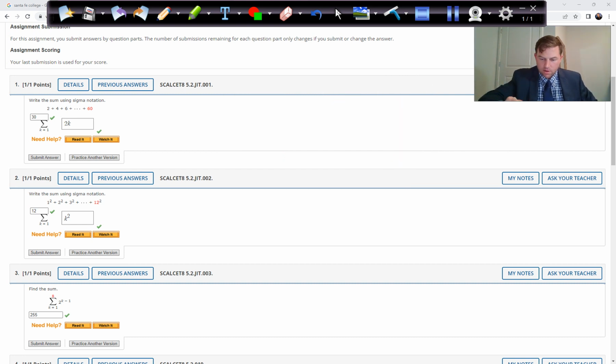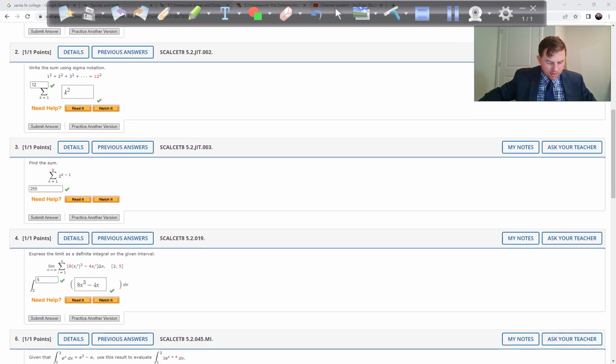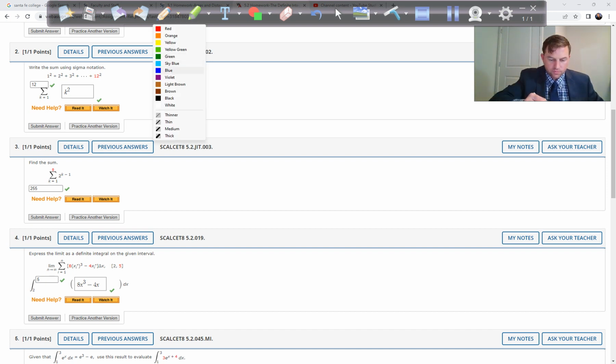Okay, let's look at problem 4. So this says, what's the limit? Express the limit as a definite integral on the given interval.